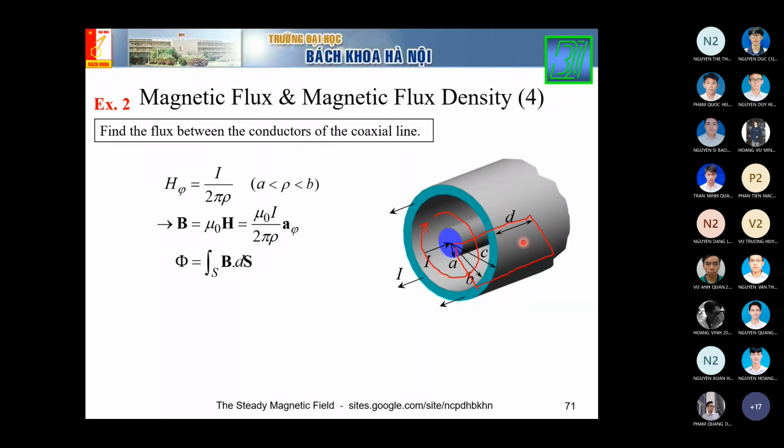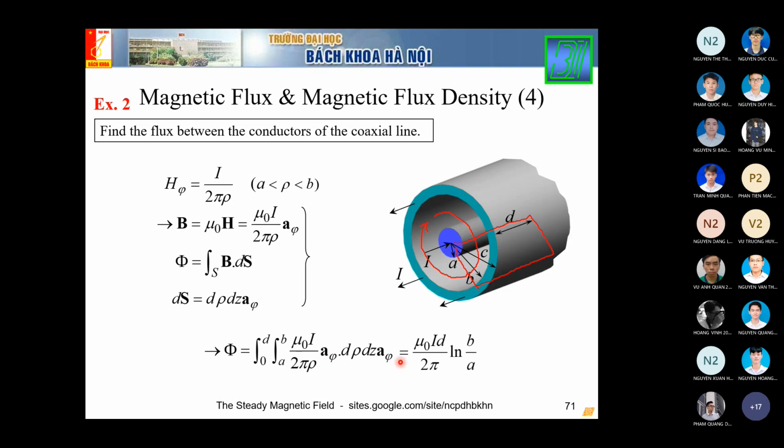ds, the very small area of this rectangle, can be found from this formula. I told you about this several times. Okay, and then there you are. You make the dot product between the given B and just found ds. Please notice that A5 dot A5 is 1, and finally got this.